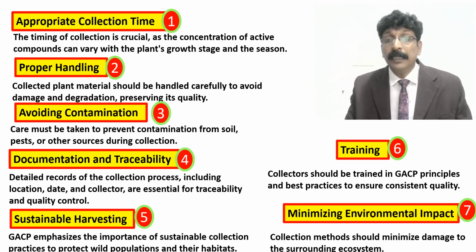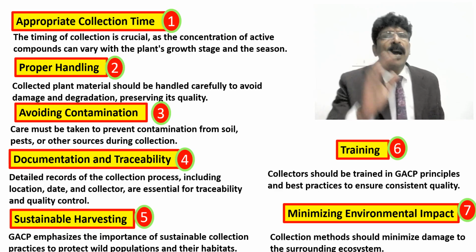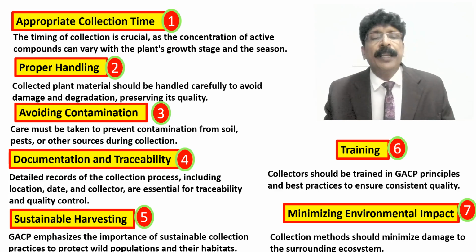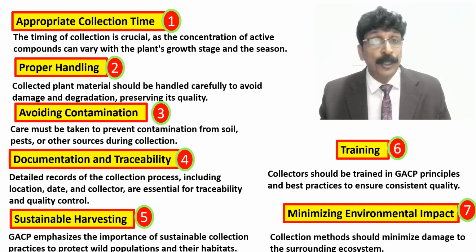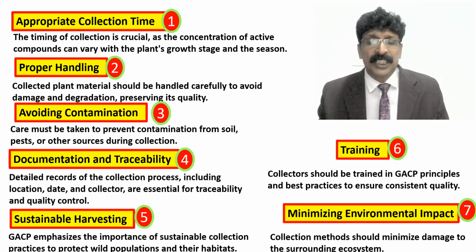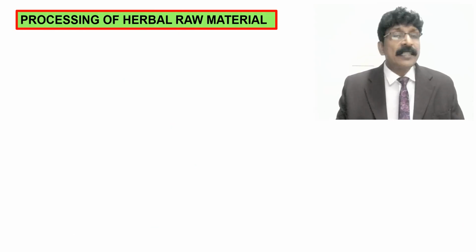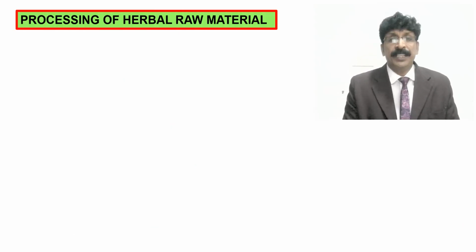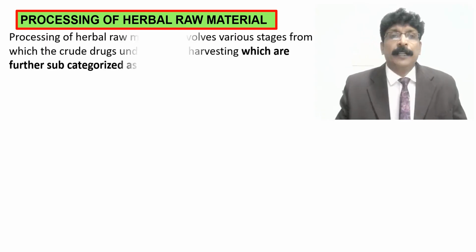Here, collection methods should minimize the damage to the surrounding ecosystem. It's very important to have this point when you are going for harvesting or collection under good agriculture collection practice. And processing of herbal raw materials, for which they have asked a 5-mark question repeatedly.